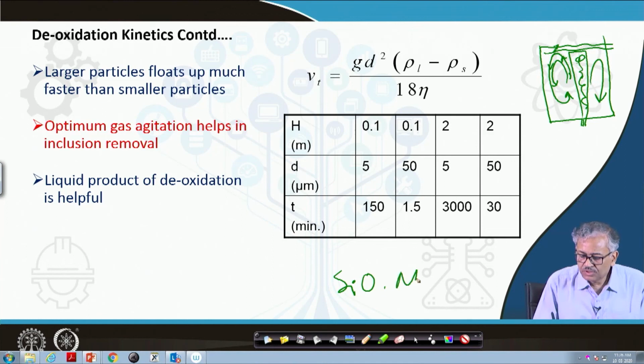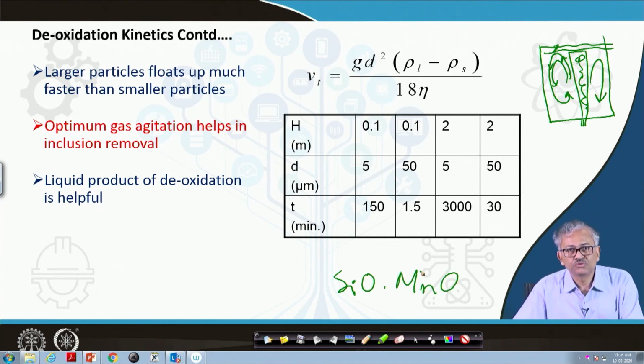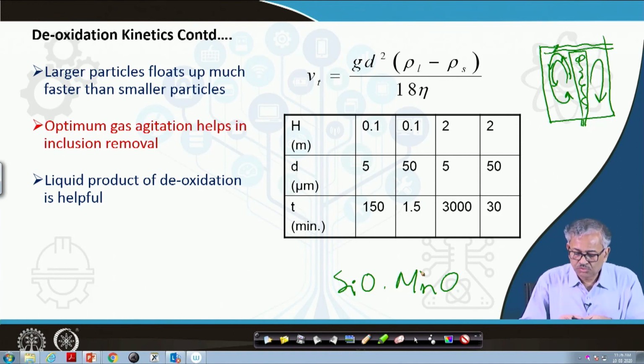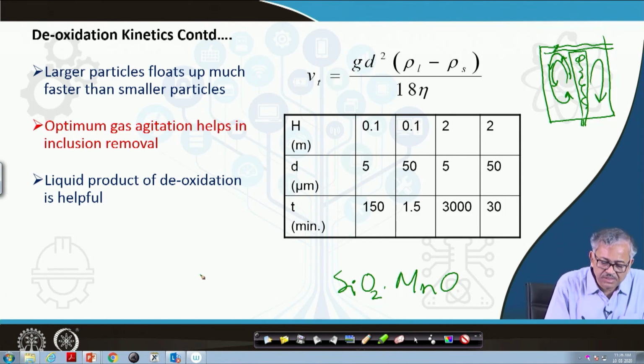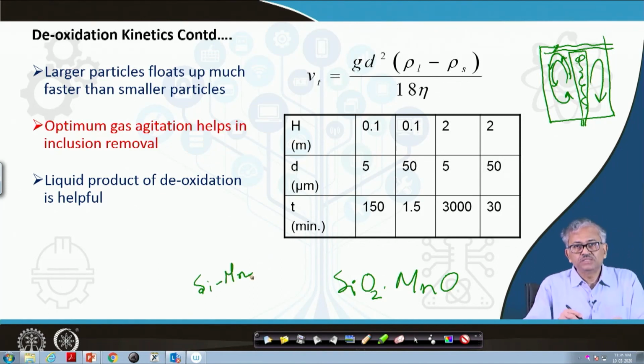If your deoxidation product is SiO2 and MnO, they form a liquid product of deoxidation. That's why silicomanganese, SiMn, is used as a deoxidant.